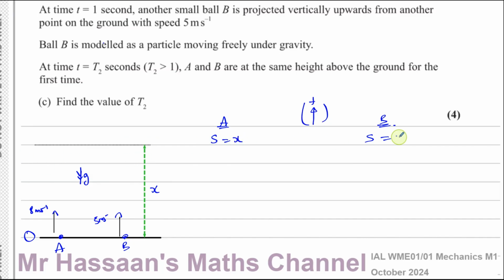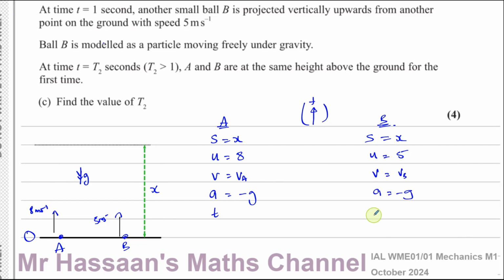That's what's going to help us connect these two together. So call that X. The initial speed of A is 8. The initial speed of B is 5. The final speeds at this point, we don't know, call them vA and vB. The acceleration for both of them is minus g, acting down on both of them.